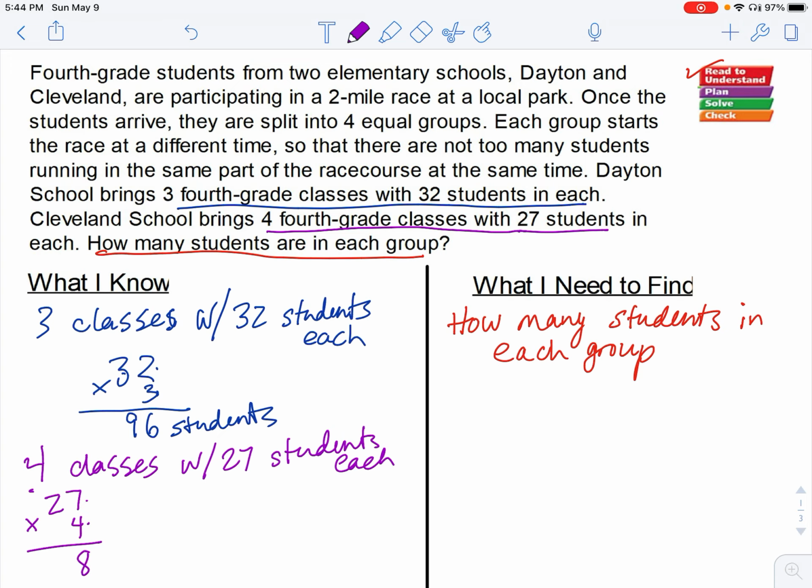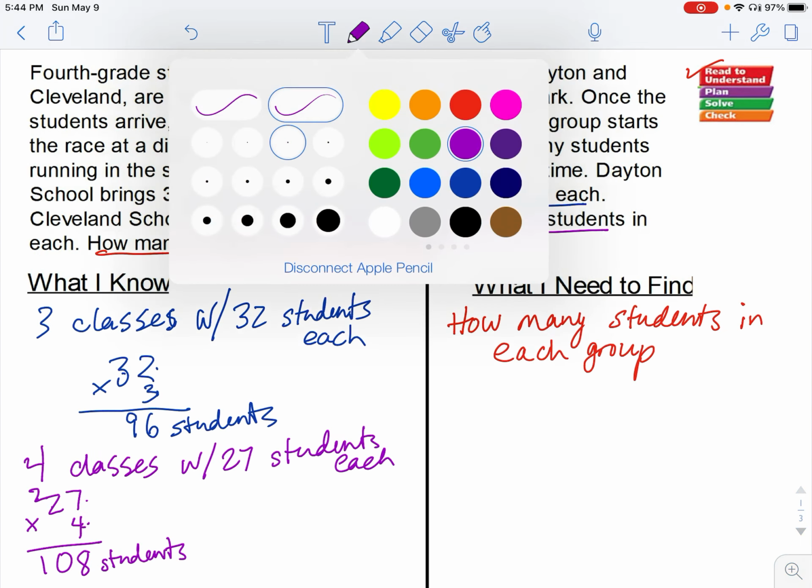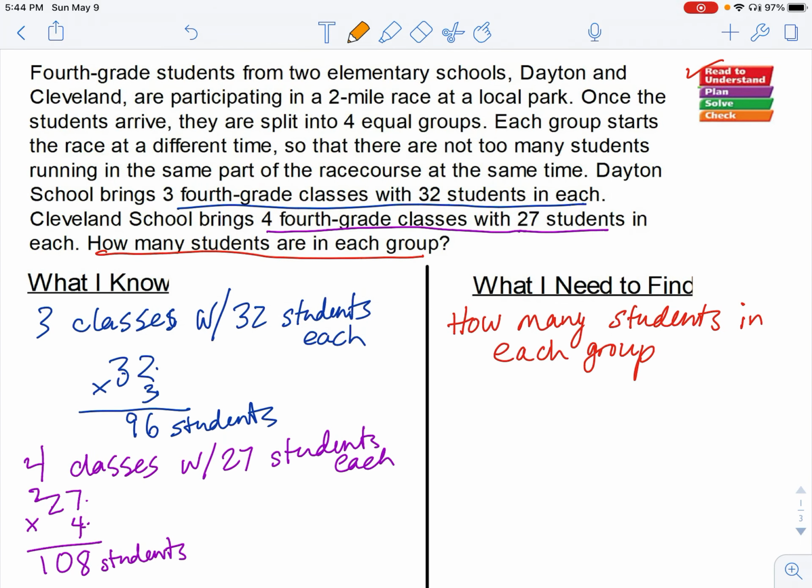Put down my 8. Regroup my 2. 4 times 2 is 8. Plus 2 more is 10. So I believe that's 108 students. Okay, so we have those numbers. And we also know that we are trying to split them into 4 groups, right? Oh, I should say 4 equal groups.